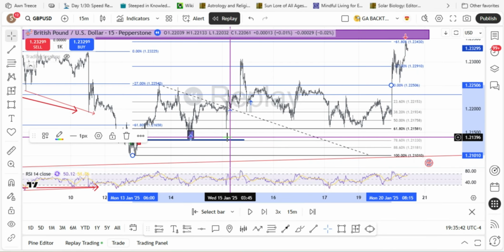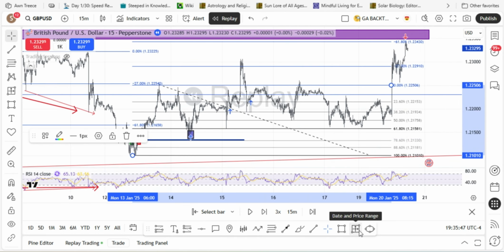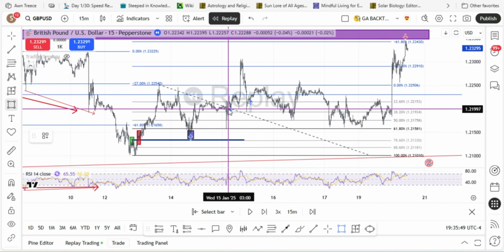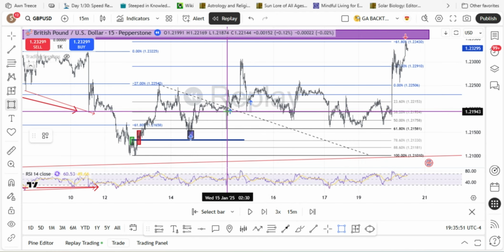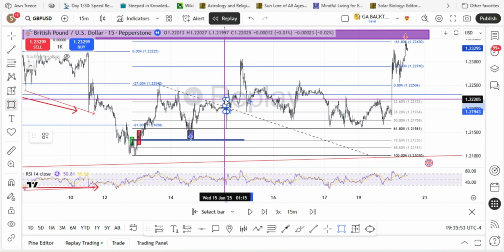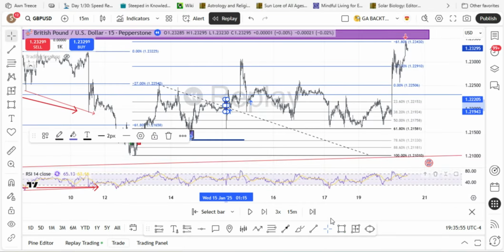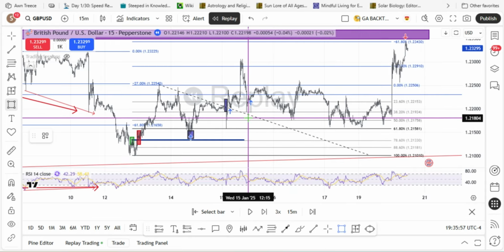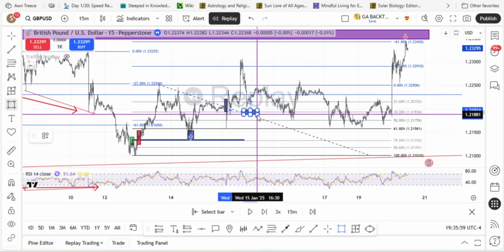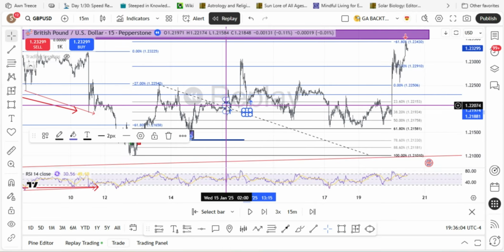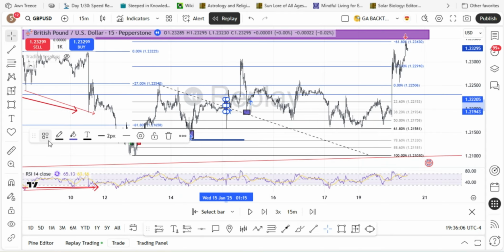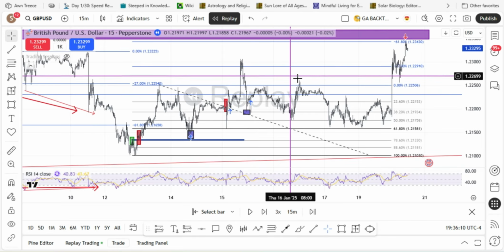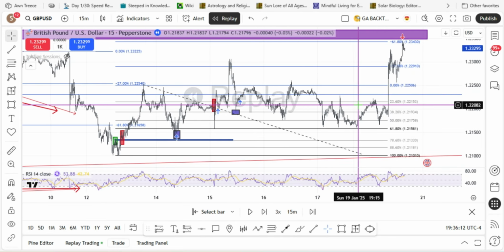So let's look at all of the entry opportunities. This is the break. This is the retest. Okay.